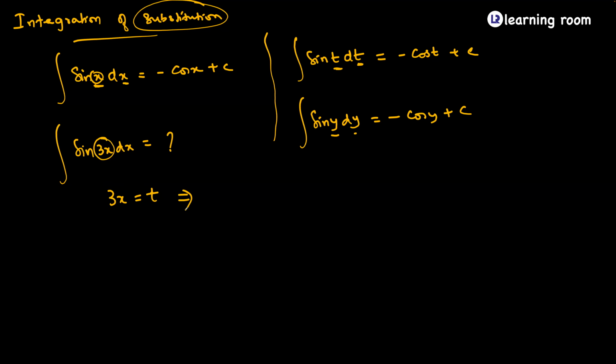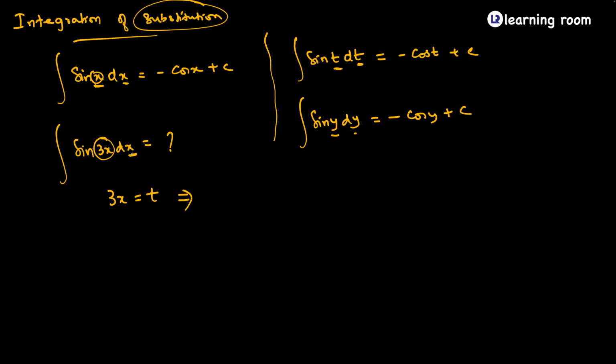But if I have to integrate something, I need a variable. I need dx or dt, something like that. Here, what I have is 3x is equal to t. But what is the relation between dx and dt? For that, what should we do? Differentiate on both the sides. So basically, you're differentiating with respect to t on both the sides, right?